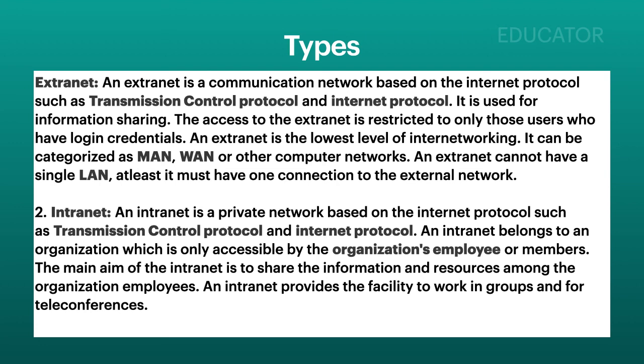So the types of internetworking are, number one extranet and number two intranet. The intranet is a private network based on the internet protocol such as TCP. Do not get confused with TCP/IP, or just simply you can say a simple internetwork is divided into two forms, one is extranet, number two intranet, at this time, nothing else. I will describe to you some other day the depth of this intranet and extranet. Okay, so move to the next slide.